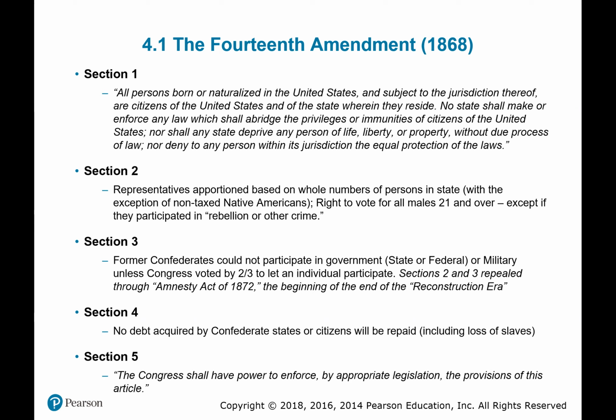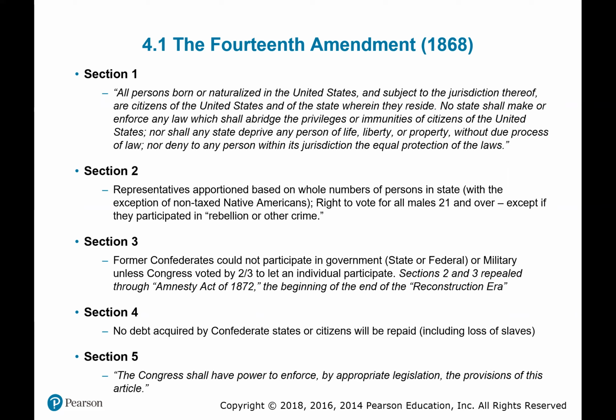So apportion means the counting to get to the number through the census of how many representatives a state would have. And the right to vote for all males, regardless of race, 21 and over. Of course, this was later changed to 18 and over in the 20th century. Here's the big exception, except if they participated in rebellion or other crime.